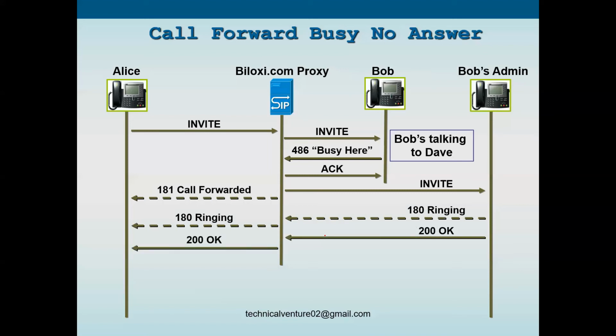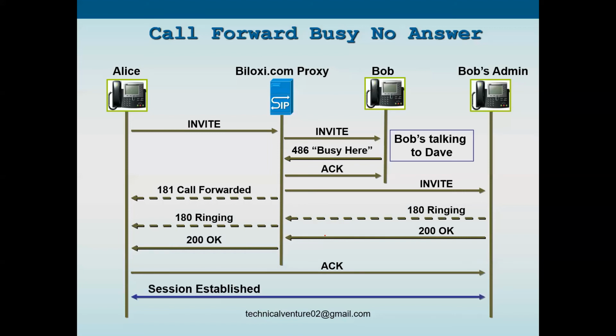Then Bob's admin will send 200 OK to the proxy, the proxy will send 200 OK to Alice, and then there will be an acknowledgement from Alice to Bob's admin, and the session will be established. So that is an example for busy.